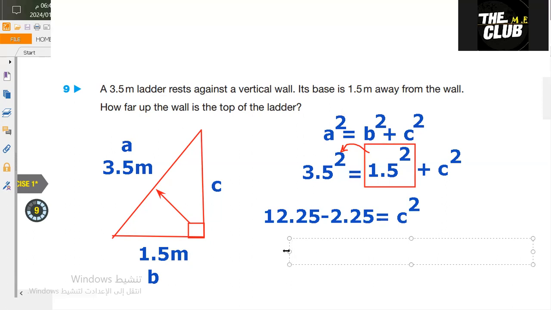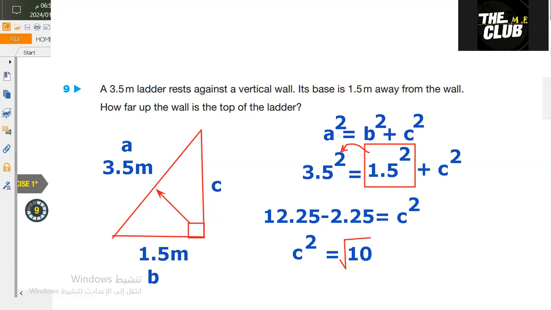12.25 minus 2.25, and the answer will be 10. So C squared equals 10. Now, to remove the square, as we said, we square root both sides. So this one will be C, and this one is square rooted.